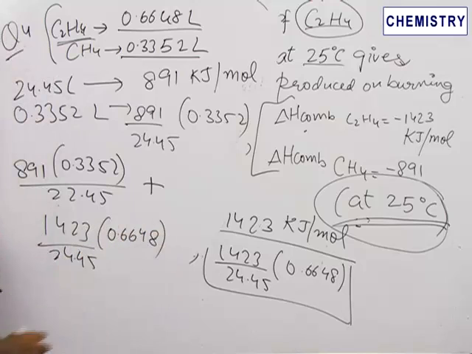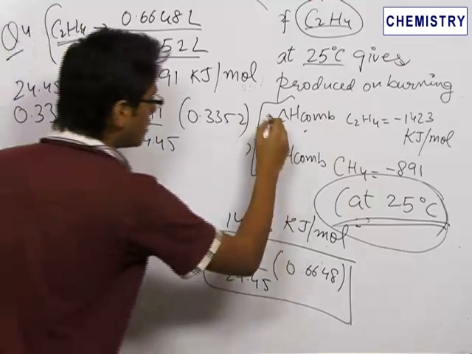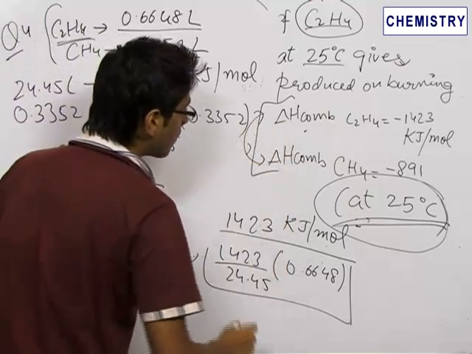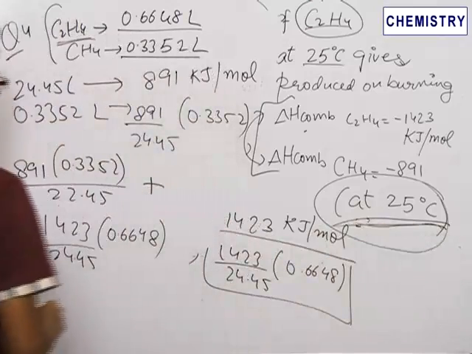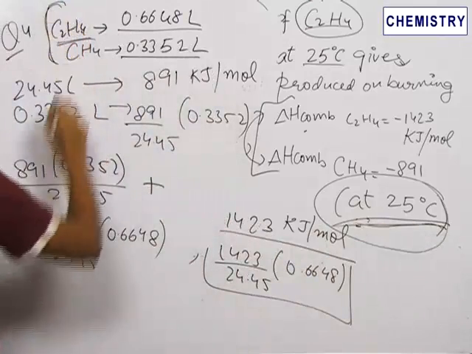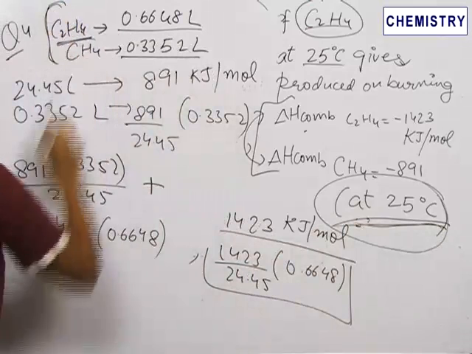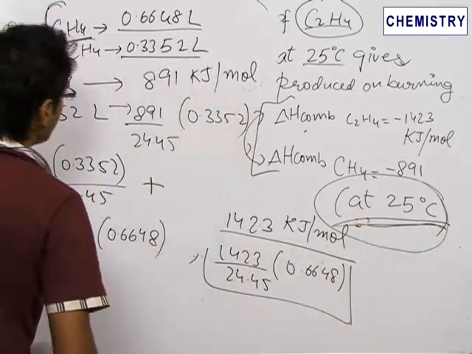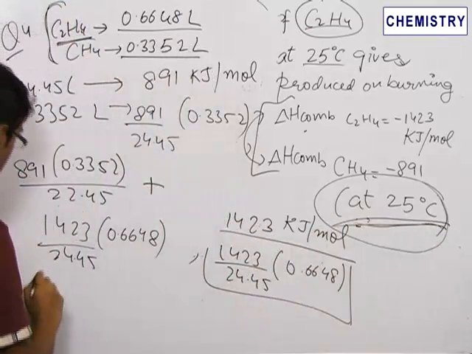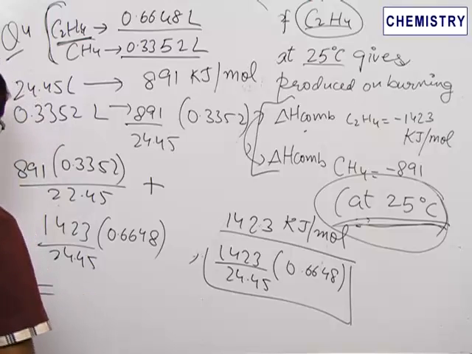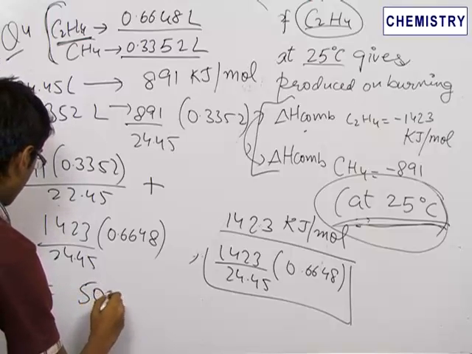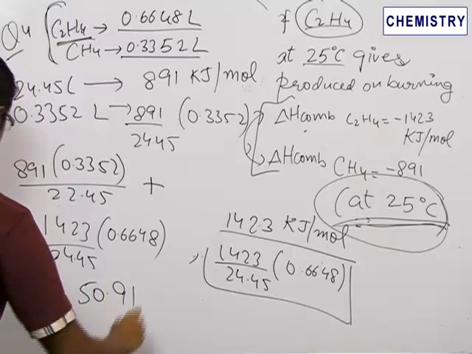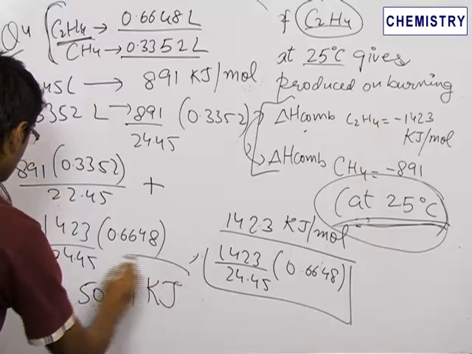Here in this problem, an important thing was that the heats of combustion were given at 25 degrees centigrade. So we found out the volumes at 25 degrees centigrade, and hence the final answer of the total heat released is 50.91 kilojoules.